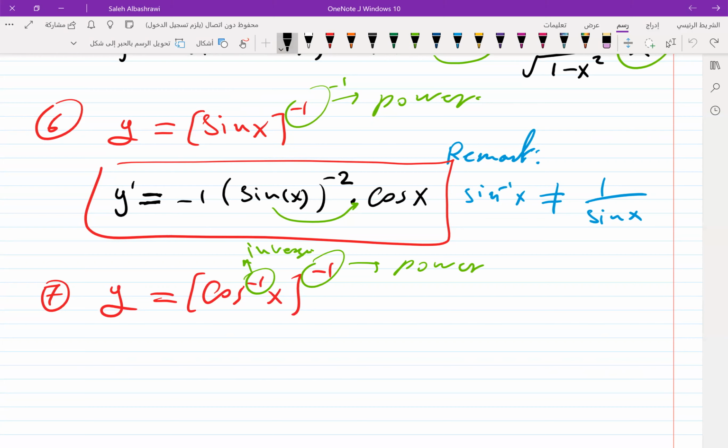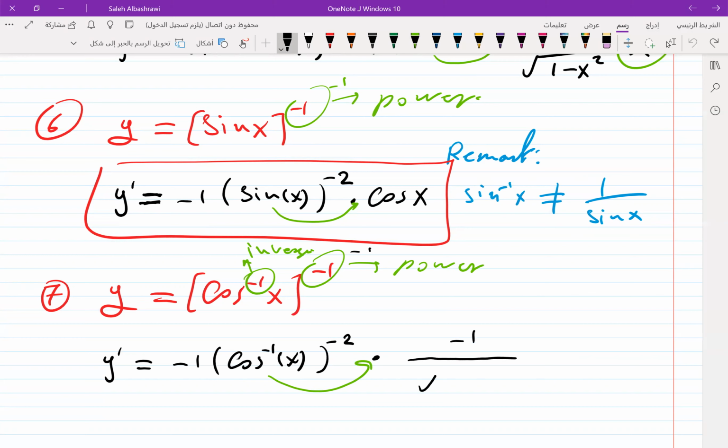So the derivative now y prime is equal to, first of all we differentiate the power. It is minus 1 multiplied bracket to power minus 2. Minus 1 will give me minus 2. We deduct 1 from the power. What is inside is cosine inverse. Now the next step we have to find the derivative of what is inside. This will be multiplied by derivative of cosine inverse, which is minus 1 divided by square root of 1 minus x squared.